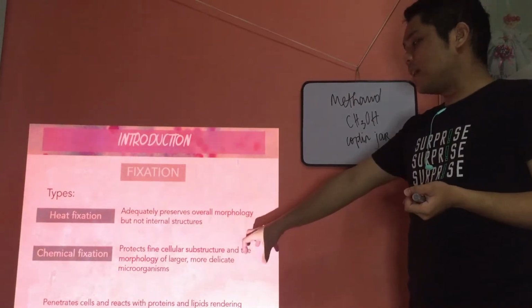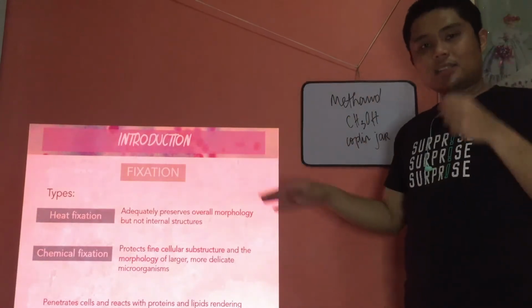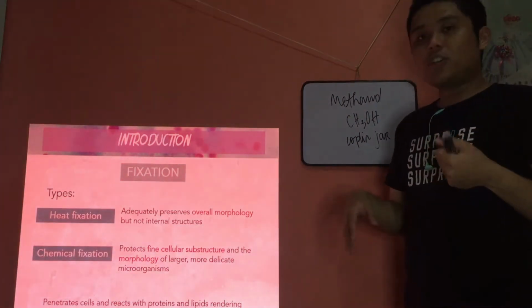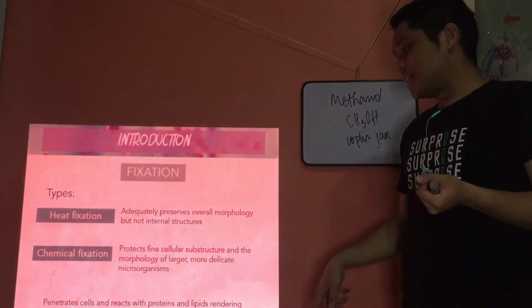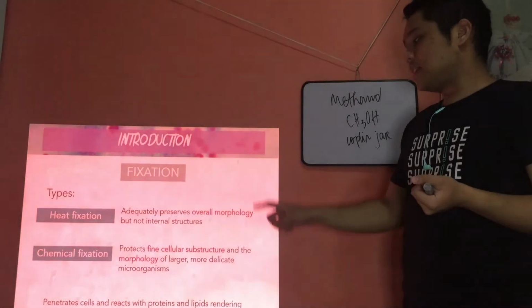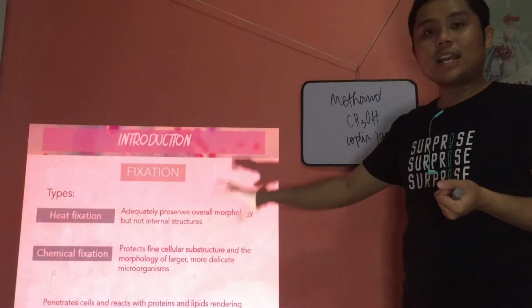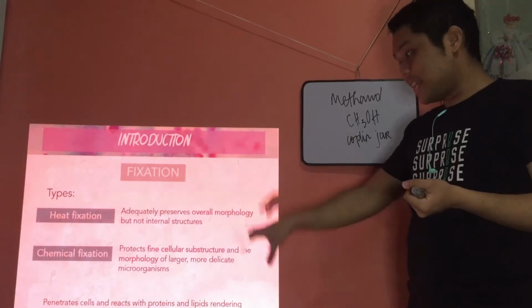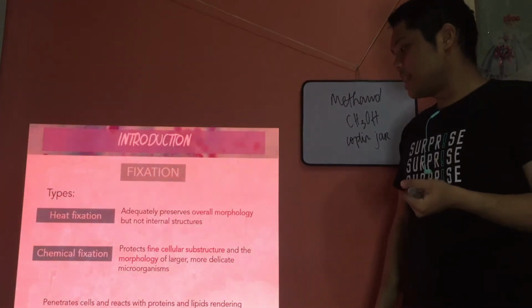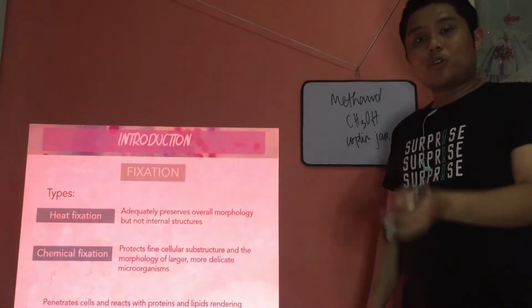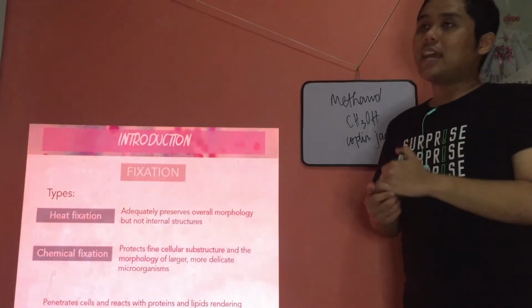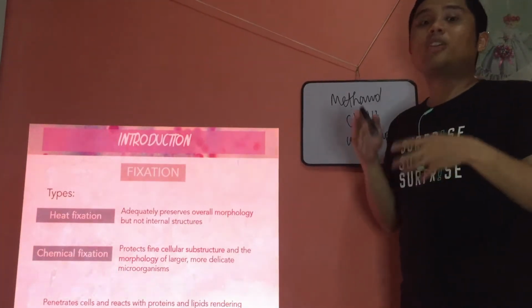Your chemical fixation protects the fine cellular substances and the morphology of larger and even more delicate microorganisms because it penetrates your cells and reacts with proteins and lipids, rendering them inactive, insoluble, and immobile. Because we don't want them to continue.